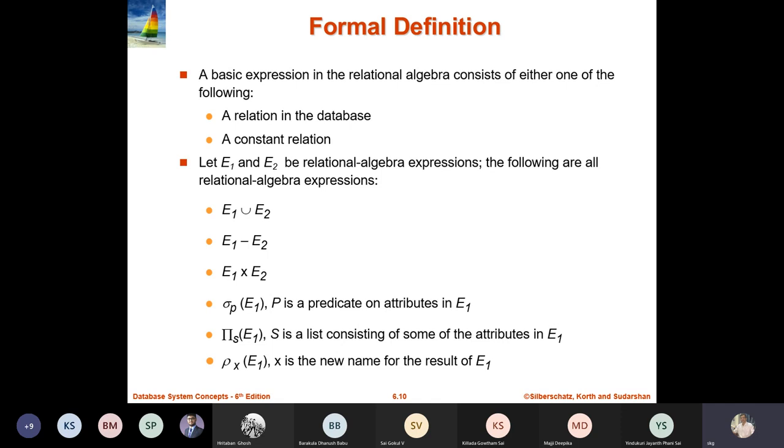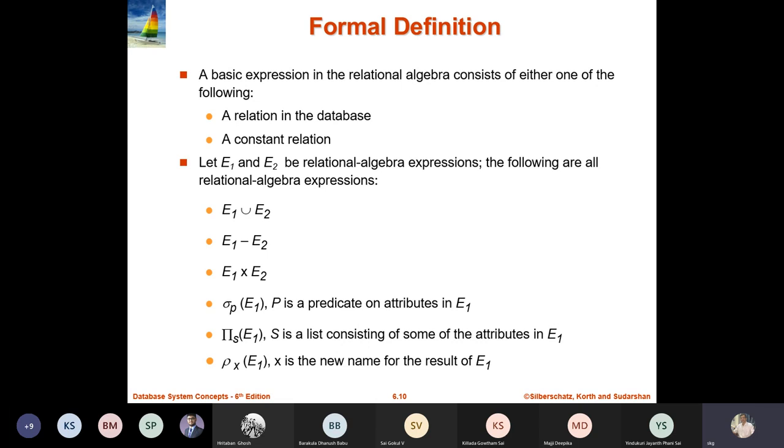If E1 and E2 are relational algebra expressions, the following are allowed: E1 union E2, E1 minus E2, E1 cross E2 (Cartesian product), selection with a predicate P, and projection with S, a list containing some of the attributes of E1, that means projecting out the columns. In selection, we select those tuples which satisfy the predicate.